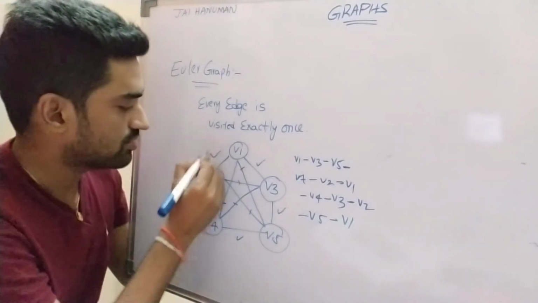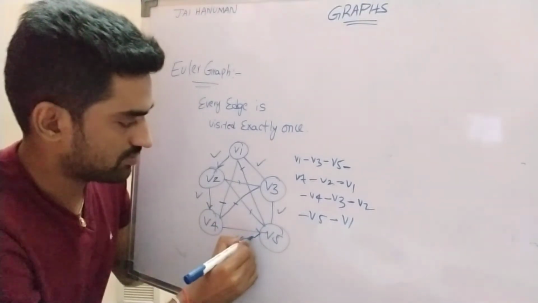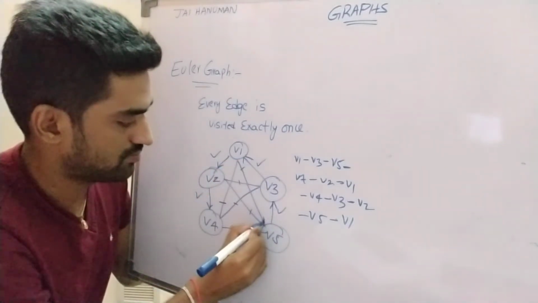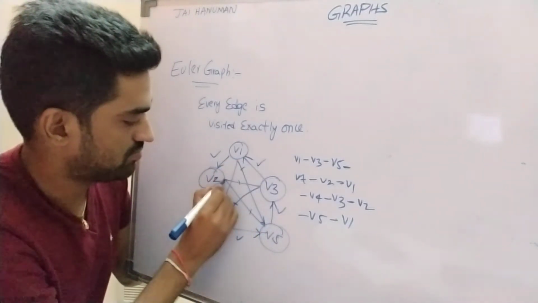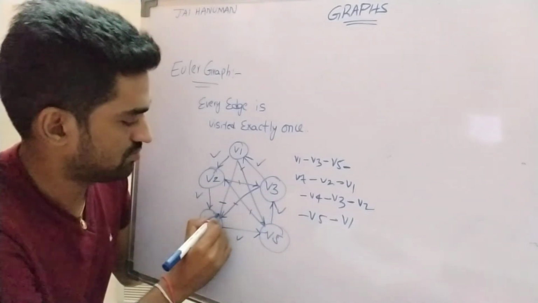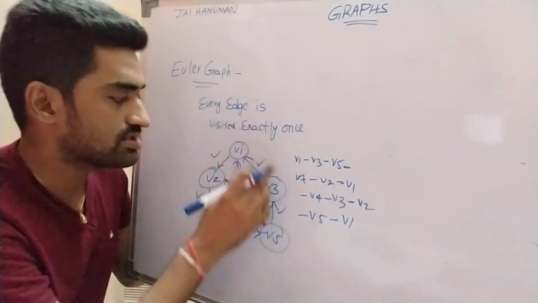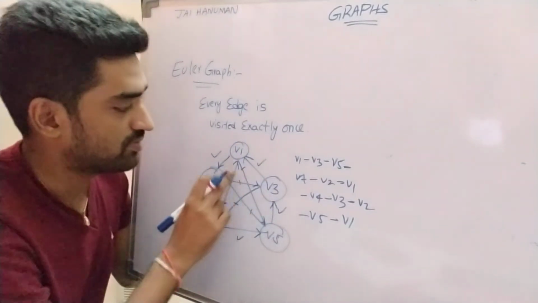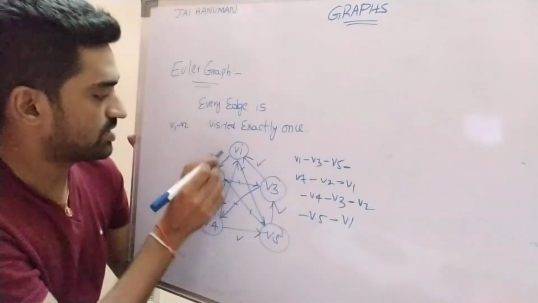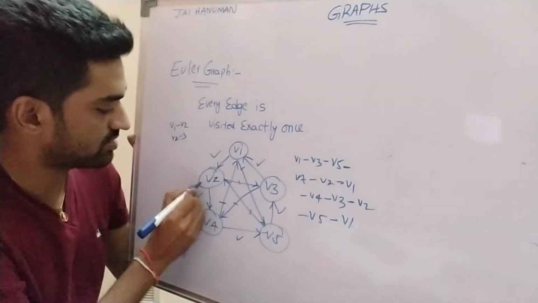Suppose I am taking this directed graph. This is also an Euler graph. Here V1 to V2, this edge is visited. V2 to V3, this edge is visited.